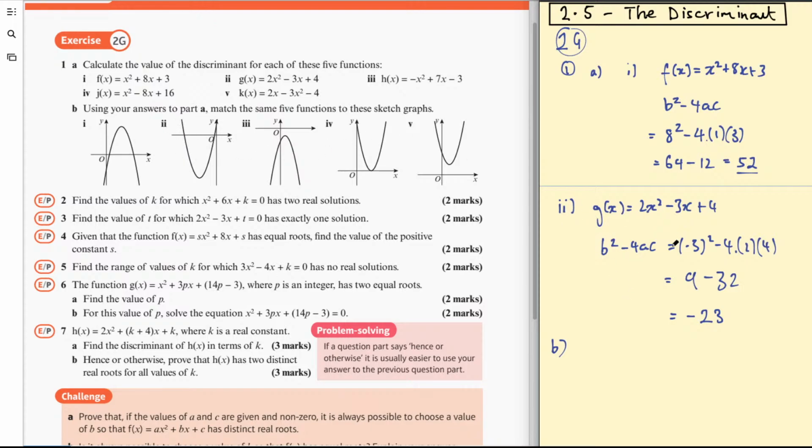The second function, I've got negative 23 as the discriminant, and it is a positive quadratic again. So for the second function here, g of x, which graph do you think that would match to in part B?